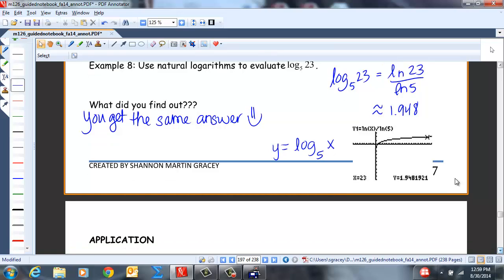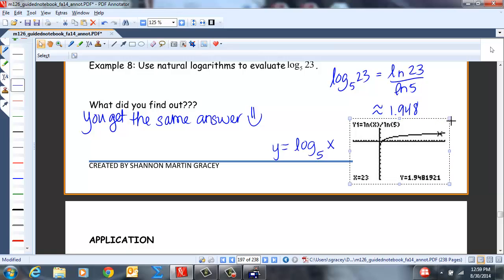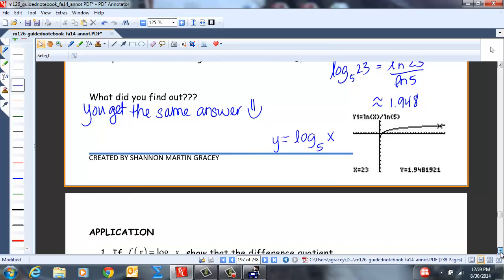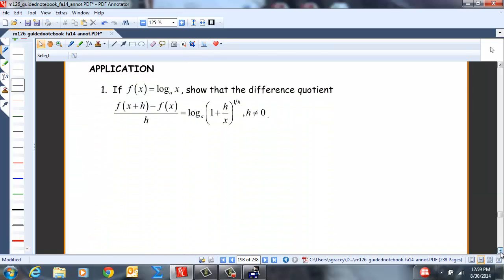All right, so we might as well go to our application. The application is using this difference quotient, which you'll see a lot in calculus, and we want to show that the difference quotient for f at x equal to log at x is this expression here.